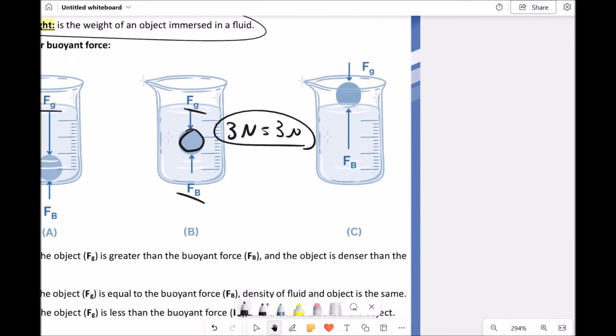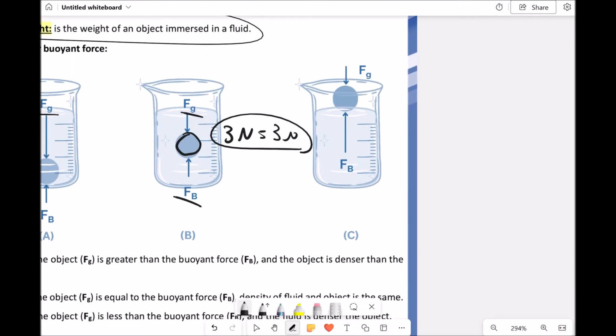You have the third case, when the magnitude of the buoyant force is greater than the weight of the object. So for example here, you have 3 Newton, which is the buoyancy, greater than, let's say, 1 Newton, which is the weight of the object. Here the object is going to float.